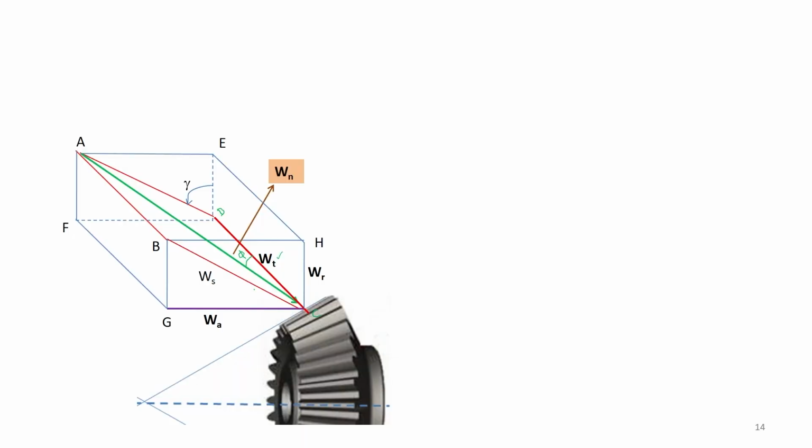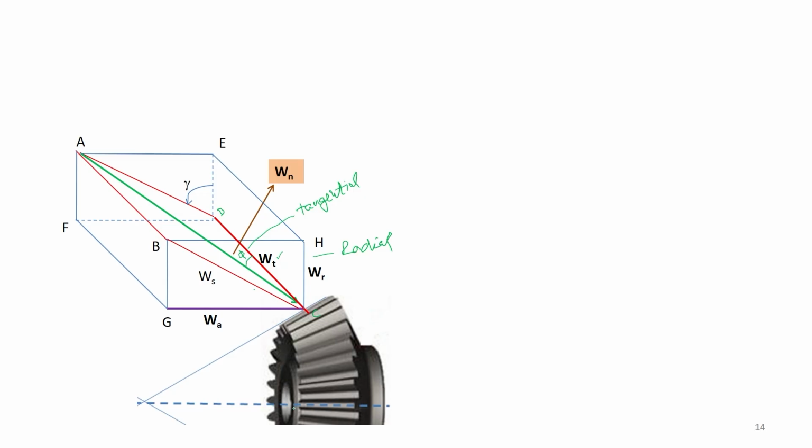In this figure, a bevel gear is shown and the forces which are acting on it are shown in terms of the elements A, B, C, D, E, F, G and H. DC is the tangential direction, and HC is the radial direction, and GC is the axial direction.